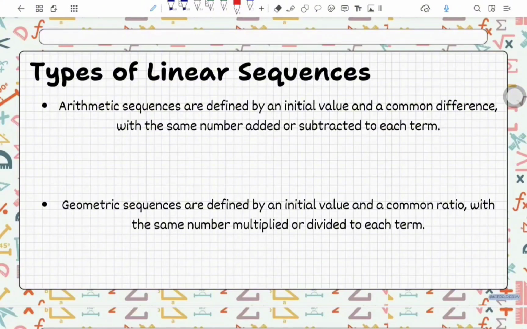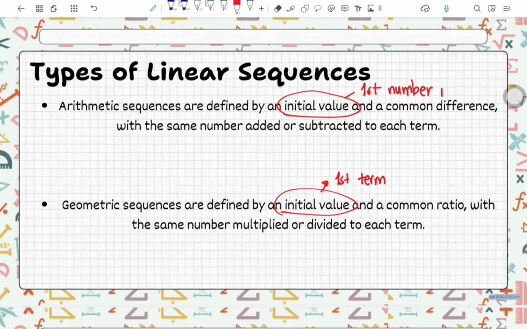Now let's get the important details. For arithmetic and geometric sequences, we have to get the initial value, which is our first term, or the first number in the pattern. Then they have something in common.